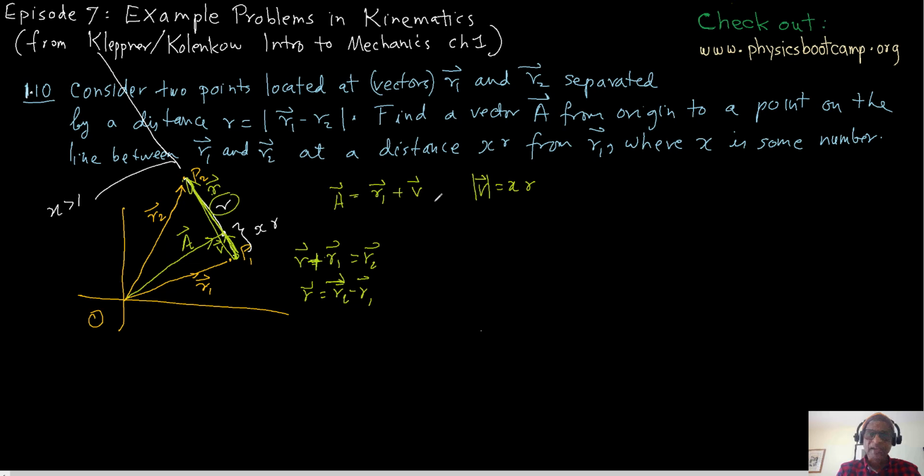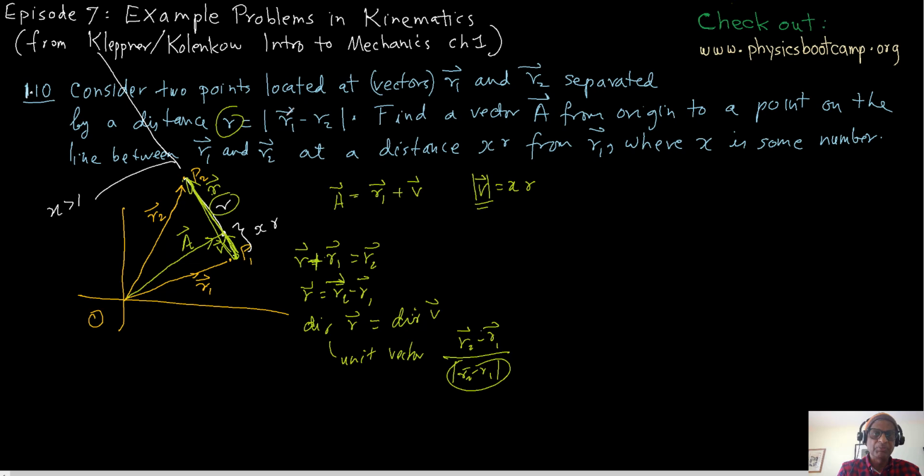What's the direction of this vector? I'm going to use a unit vector to denote direction, and that will be r2 minus r1 over the magnitude of r2 minus r1, which is r. Putting a minus sign inside doesn't change that.